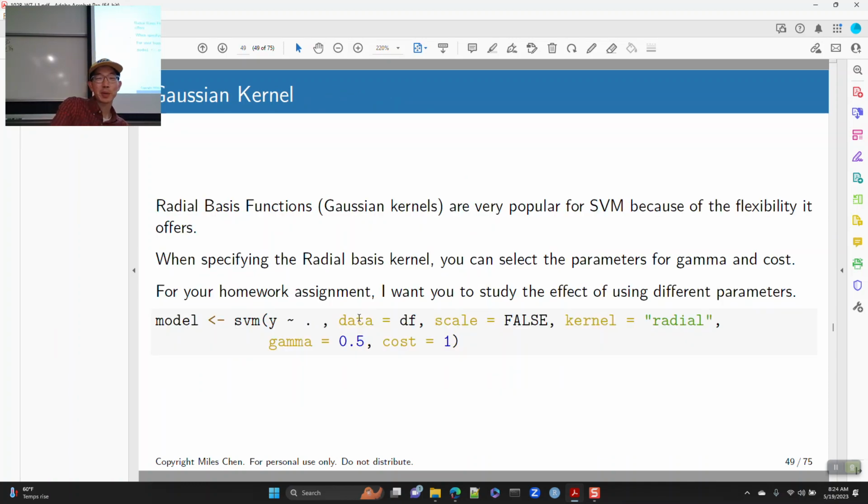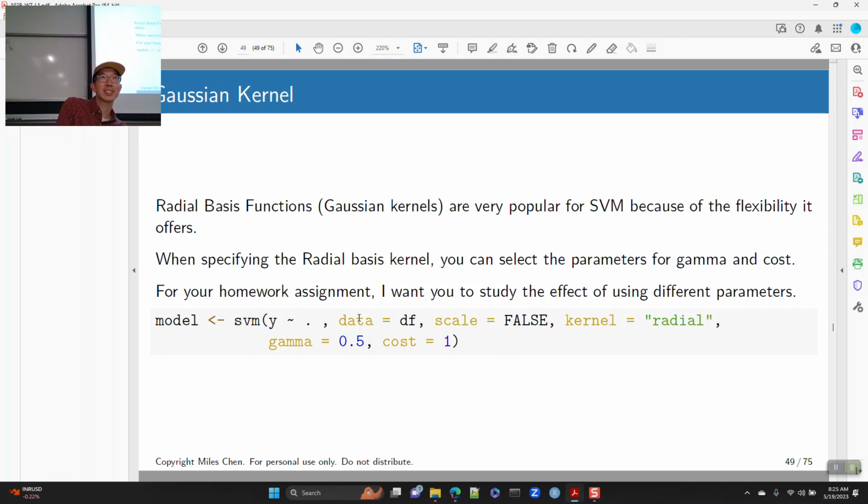One of the most popular kernels is the Gaussian kernel, the RBF, radial basis function kernel, because it is very flexible. Again, one of the things you lose is direct interpretability.